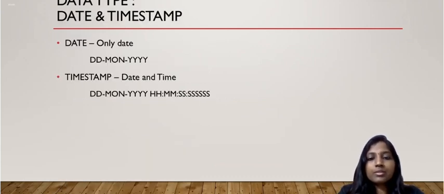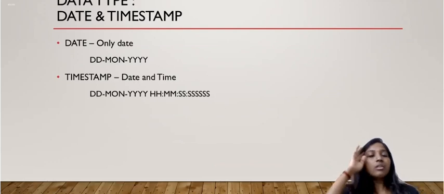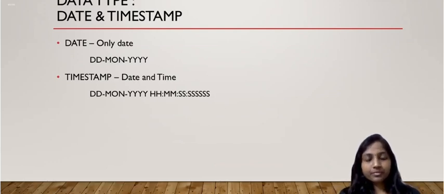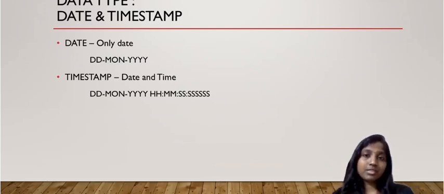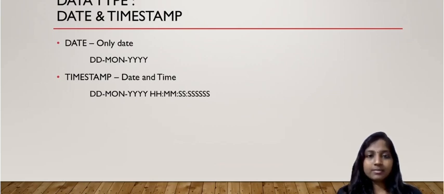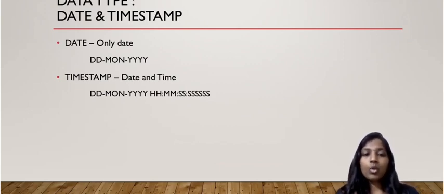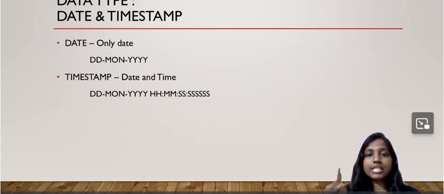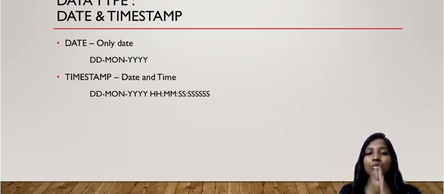Okay, the next one. Now we are going to see the data types date and timestamp. Date is only date, like it holds DD-MON-YYYY, 4 Ys, which is nothing but 1987, 2001, 2020, like 4 digits of year. So that is only date.